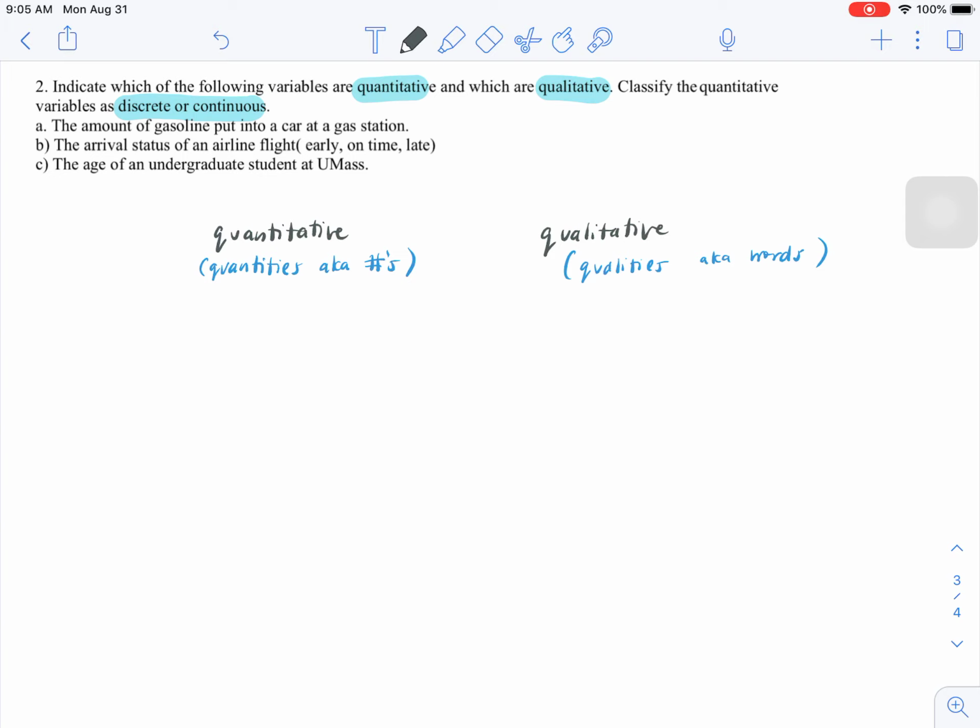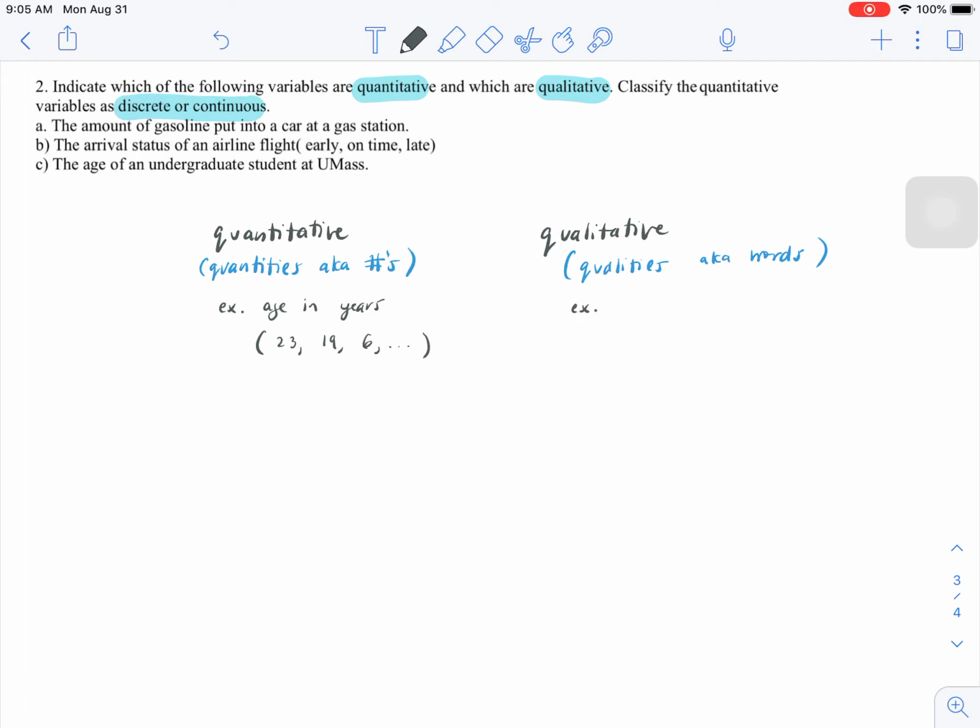A qualitative variable could be, let me write this down. So a quantitative way to look at age is to look at it in years. So for example, you're 23, you're 19, you're 6, and so on.